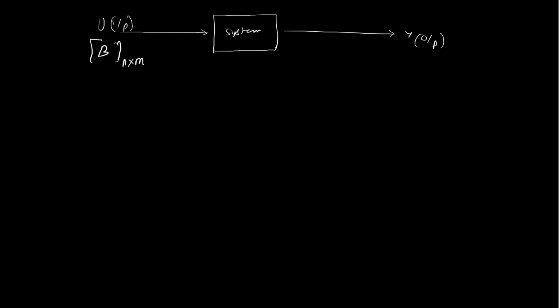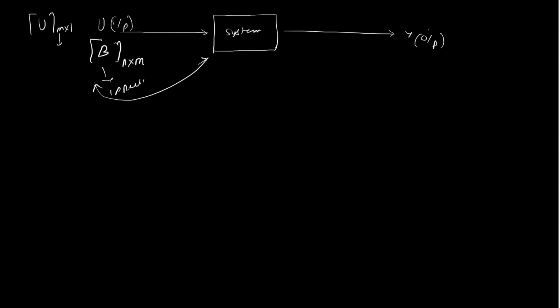So this is the input matrix, which makes the relation in the system with the input vector. What is the input vector? This is u, the input vector, which has the order m cross 1, where m denotes the number of input variables. And this is the output side.